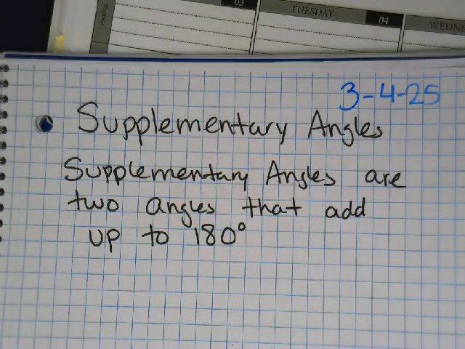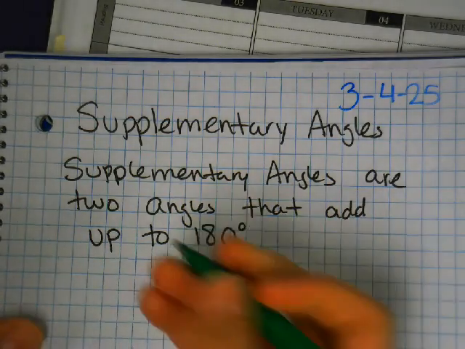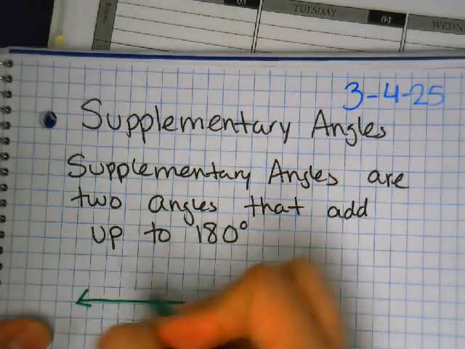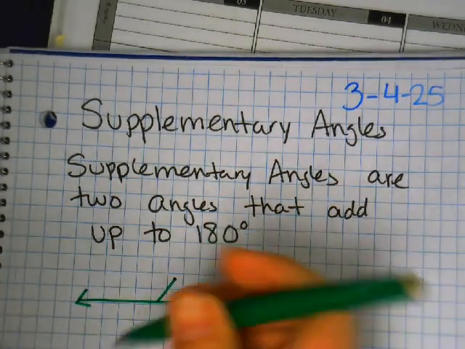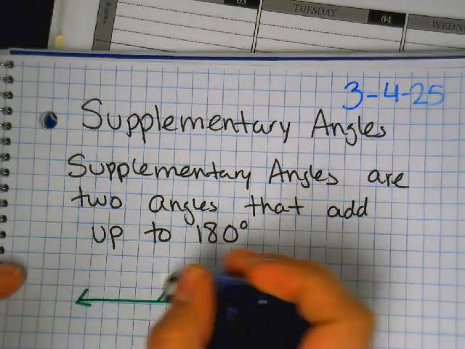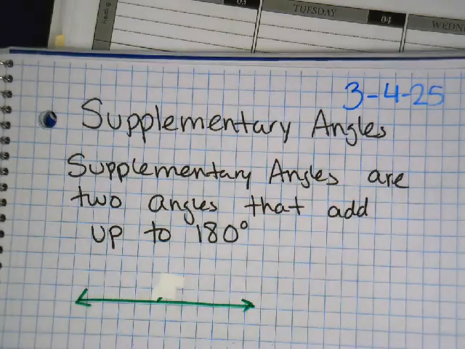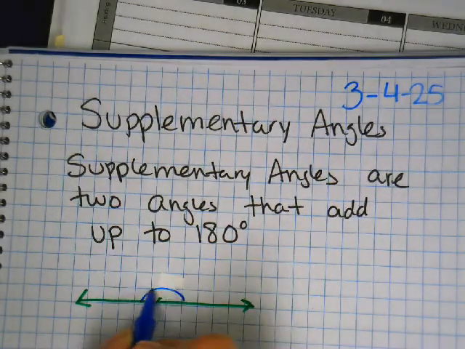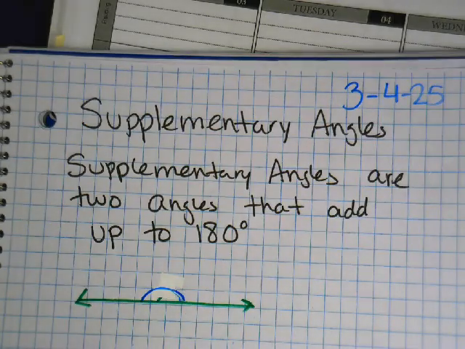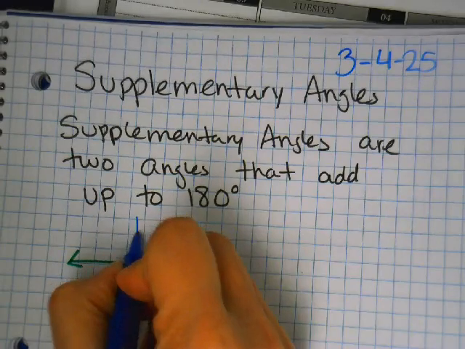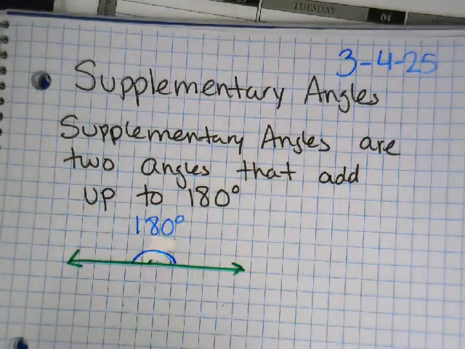So for supplementary, your picture looks like a straight line. One angle that looks like a straight line. When you look at a straight line, your brain should automatically know that it's 180 degrees.